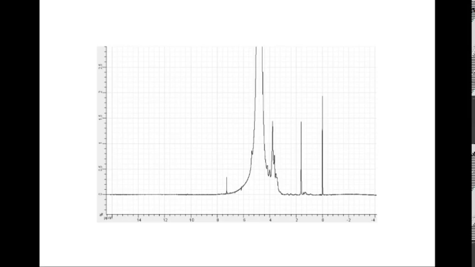Now, if you multiply by 10, I mean, if you amplify the signal, you see more, and now you can analyze, let's say, the 4 signals that you can see, because you don't need to take care of the big water signal. It has been done already.